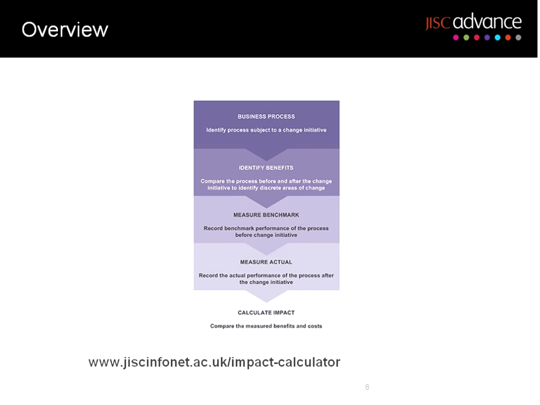So the first thing to do is to identify a process that is going to be subject to a change, and that can be defined at various levels, and the impact calculator can be used at various levels, as we've seen, and there are lots of decisions that can be made around using the calculator, depending on its usage and your requirements.